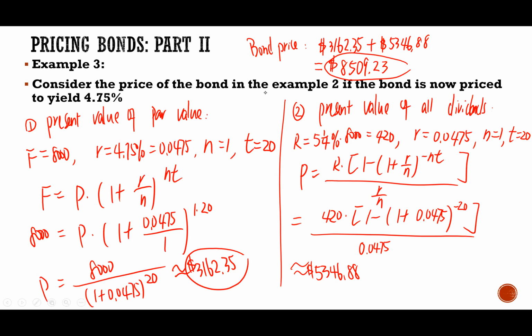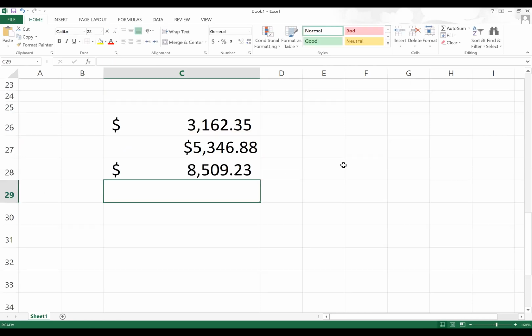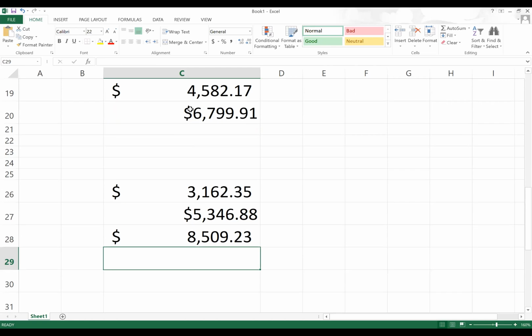If you look at these two bond prices, under the second condition the bond price is higher: 8509. Compare this. Under the first condition, the bond is only worth 6799.91, and under the second condition it's worth a lot more, almost $1,800 more.